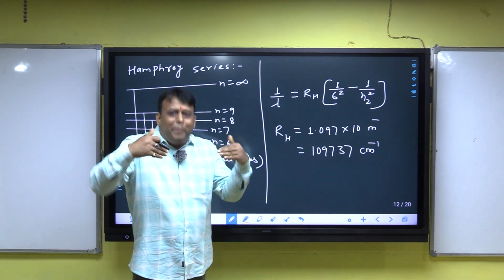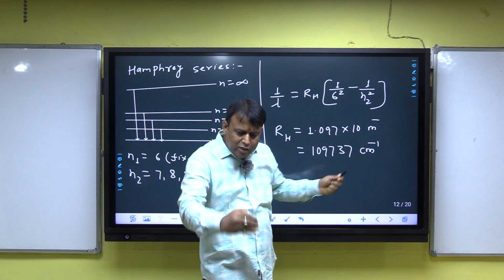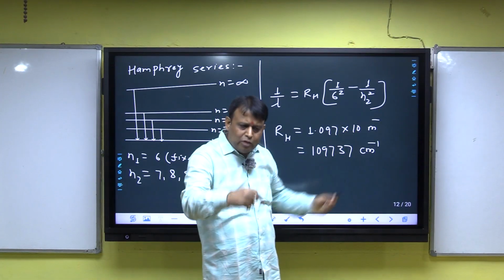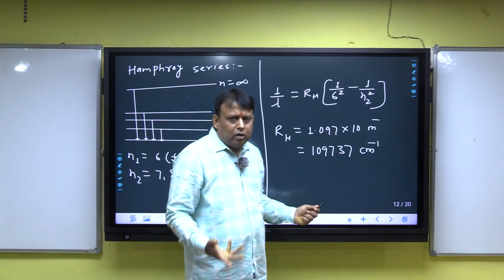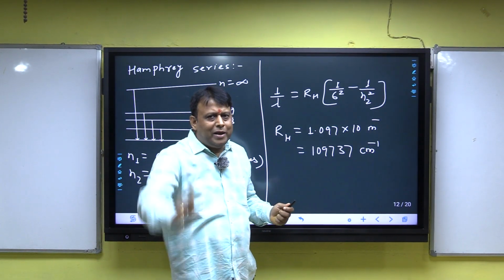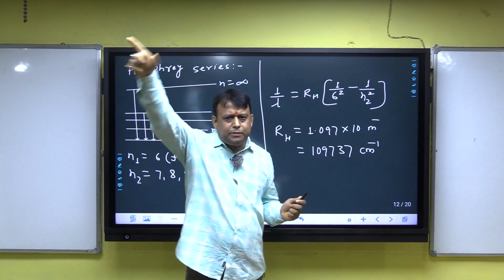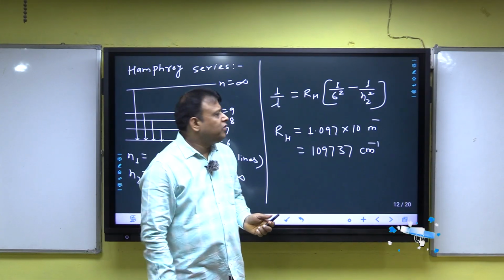Again I am repeating, for longest lambda, n2 is n1 plus 1, 6 plus 1, 7. Shortest frequency, n2 is n1 plus 1, 7. For longest frequency, n2 is always infinity for any series, and hence for the Humphreys series, n2 is infinity for longest frequency and shortest wavelength.